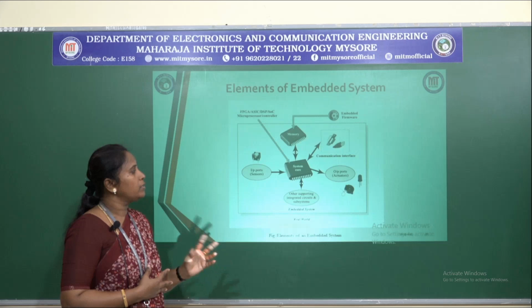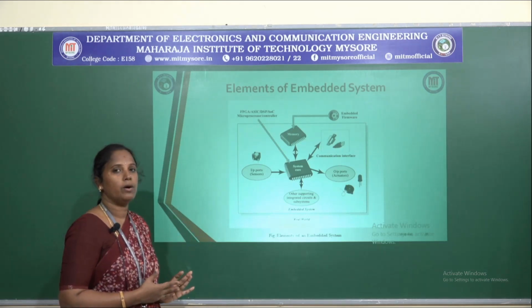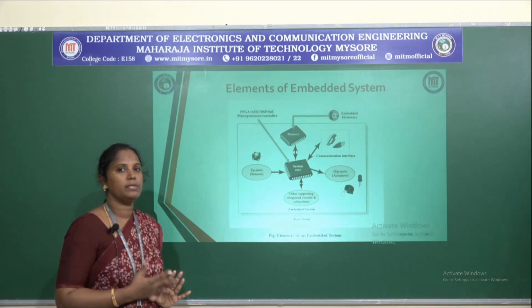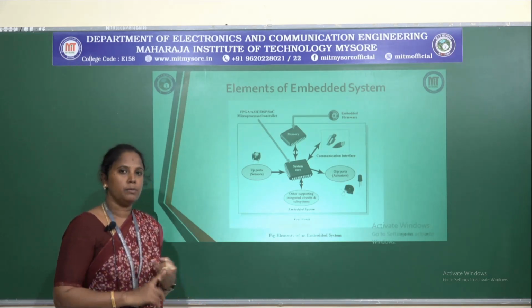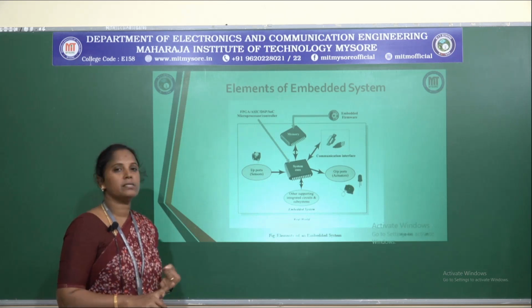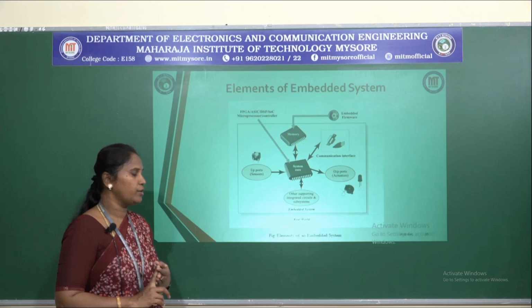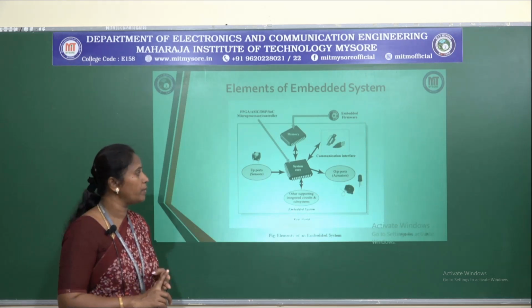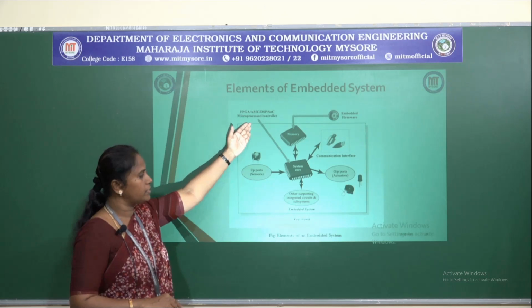These are the main elements which are to be present in an embedded system: an input device, an output device, and a memory unit. The main heart of your embedded system is your system core, where the core can be any one of these.